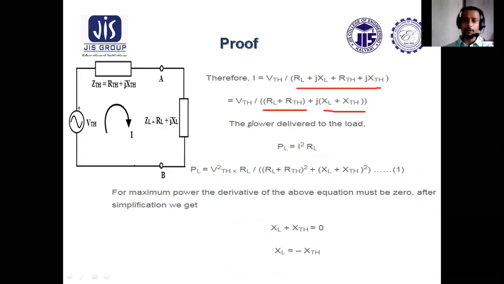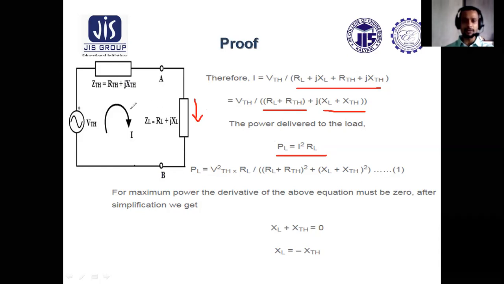Now what is the formula for power delivered to the load? That is load power PL equals I square RL. Current I is flowing through the load and RL is its load resistance. No power is consumed in the reactance part, because over a full cycle the power consumed by an inductor or capacitor is zero, as we already discussed in AC circuits of basic electrical engineering.